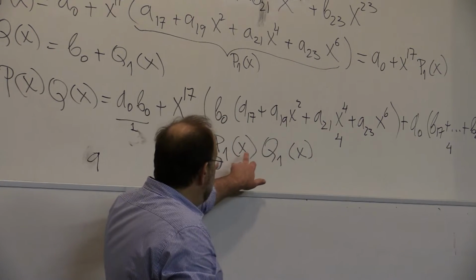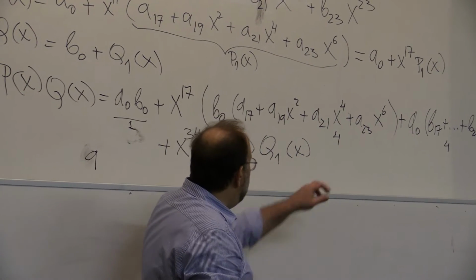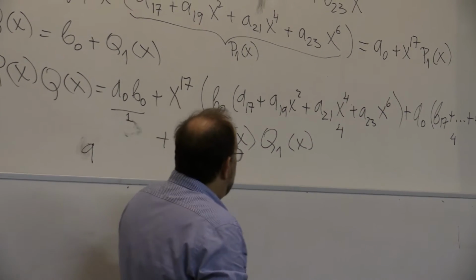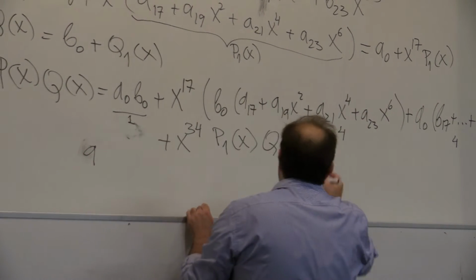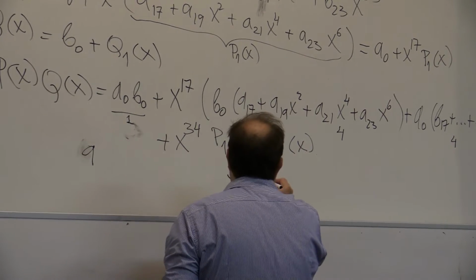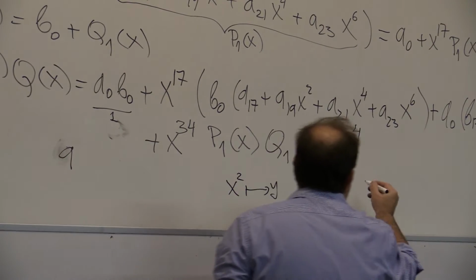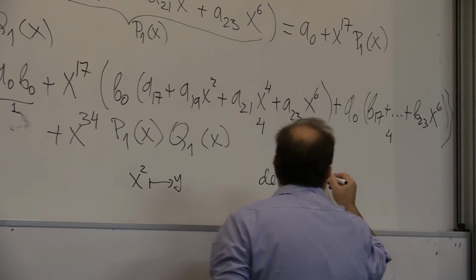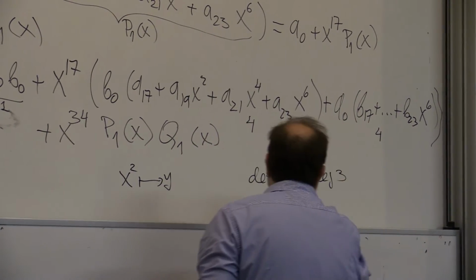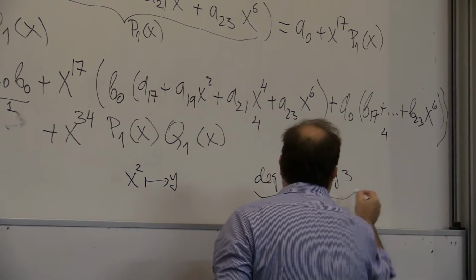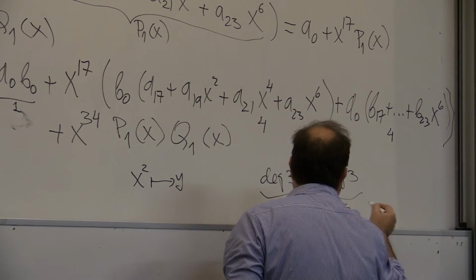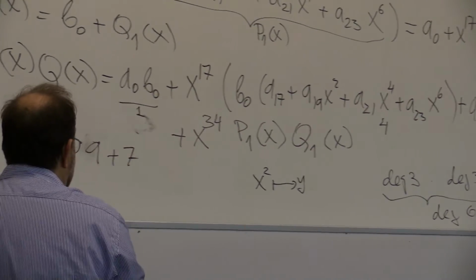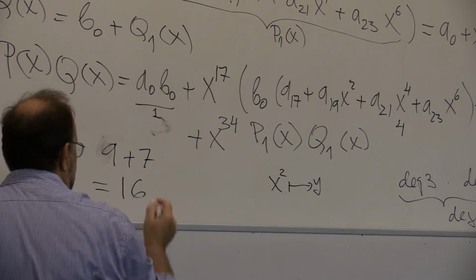And how many multiplications do I need to multiply P1 of x times Q1 of x? That's right, because if I substitute x squared with y, this becomes a polynomial of degree 3 times another polynomial of degree 3, and we know the product of these is of degree 6, so we need 7 multiplications, so 9 plus 7 is exactly 16.